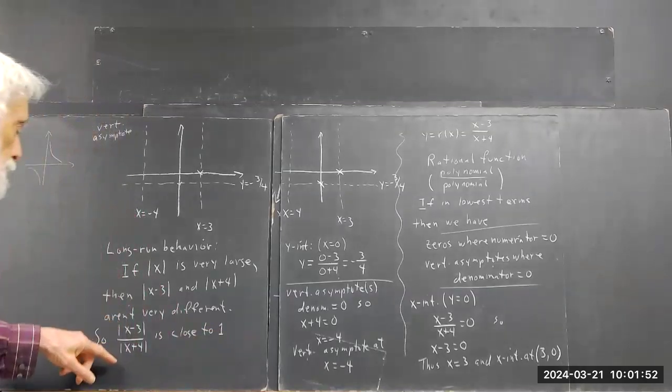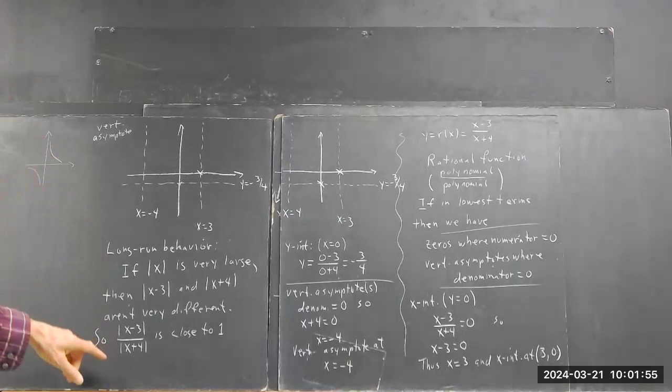So the absolute value of x minus 3 over the absolute value of x plus 4 is going to be close to 1.